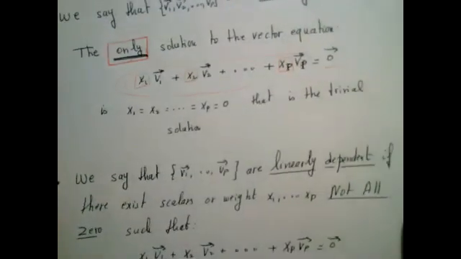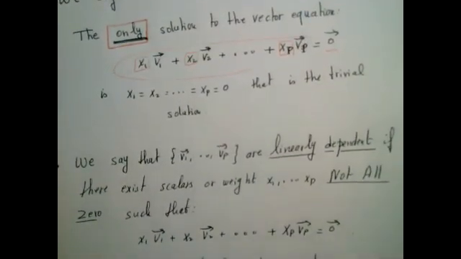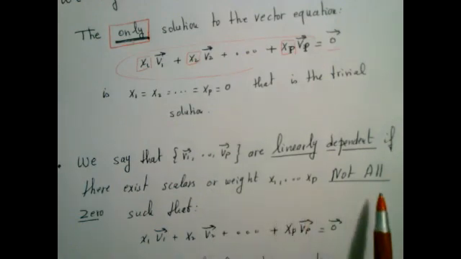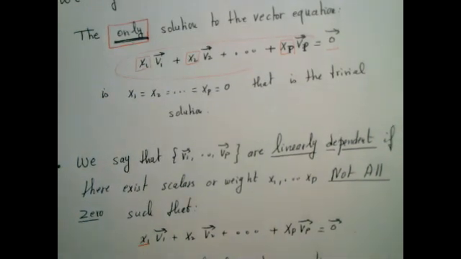Now, they are linearly dependent if I can find scalars or weights, not all zeros, some could be, but not all of them, that make this sum equal to 0.